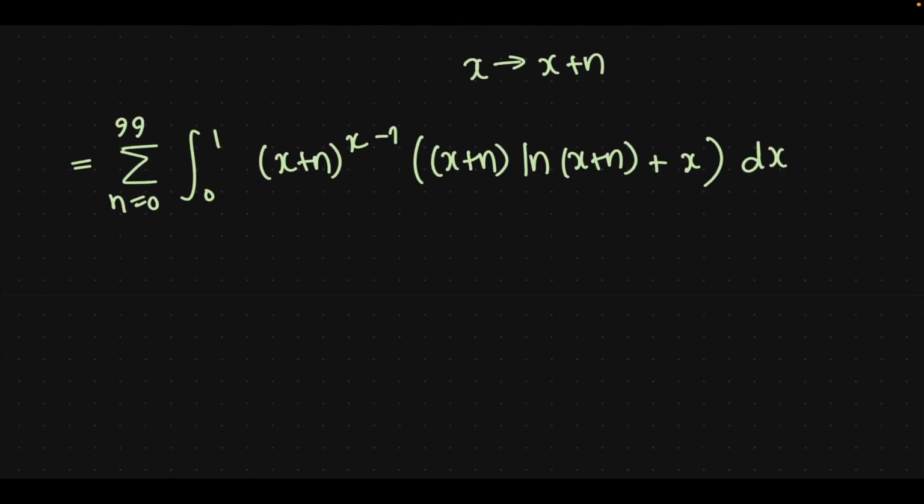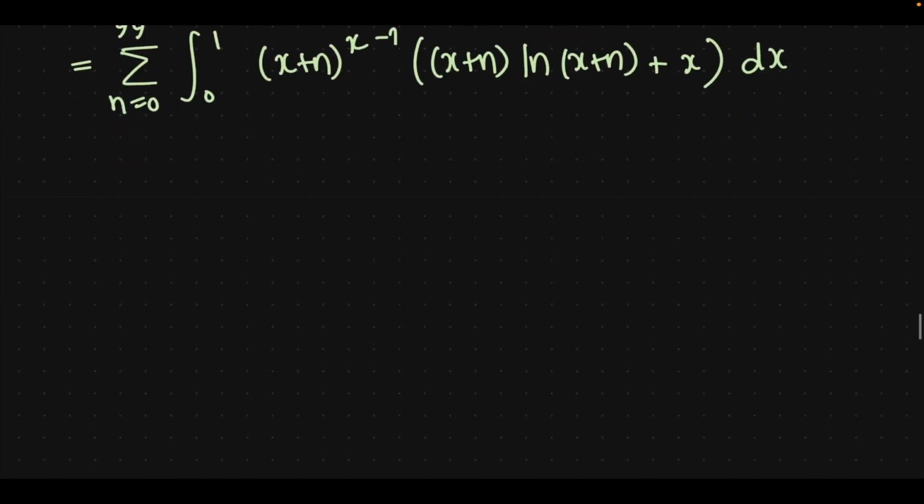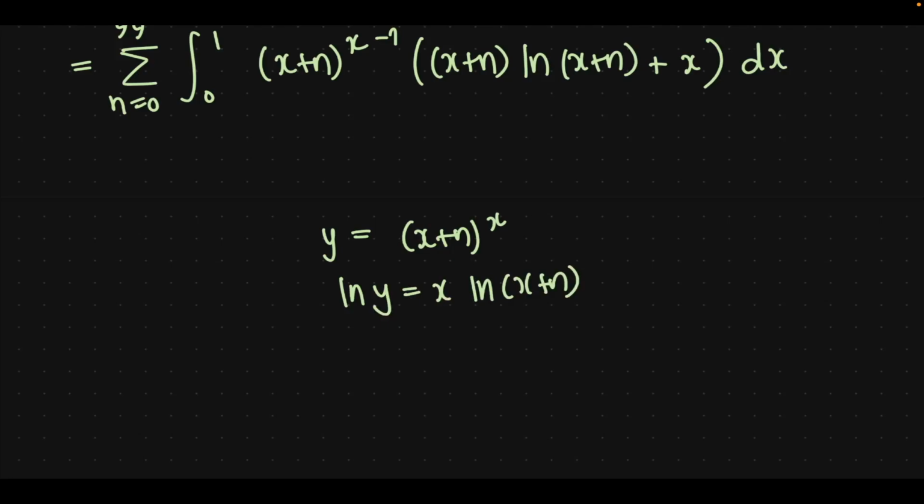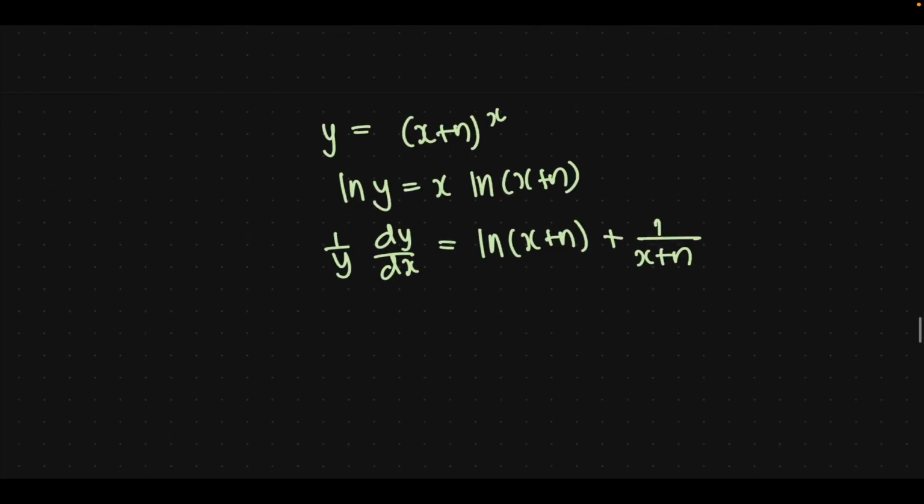And now this is the harder part of this problem, to notice these things in the time we have to solve these questions. y equals (x plus n) to the x. So when you take ln y, you get x ln (x plus n), and when we differentiate, we get 1 over y dy over dx is ln (x plus n) plus x over (x plus n).